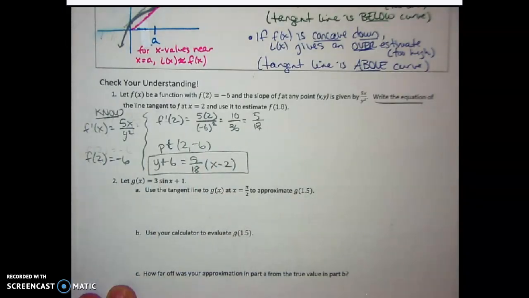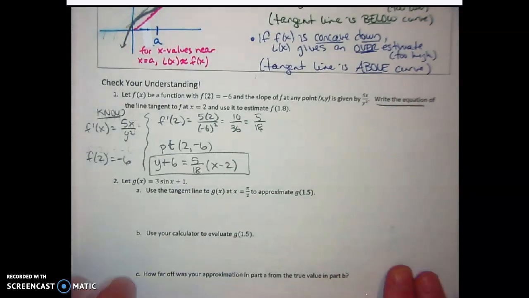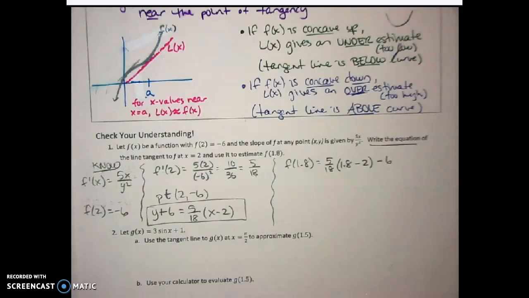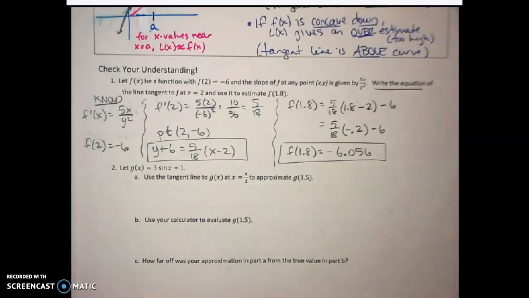I've done part 1. Now I'm going to use my equation to estimate what is f of 1.8. So go ahead and do that. So all I did with this step was I plugged in the 1.8 for x, and I brought that positive 6 over to the right-hand side, subtracted it so it became a minus 6. And there I have that f of 1.8 is negative 6.056.